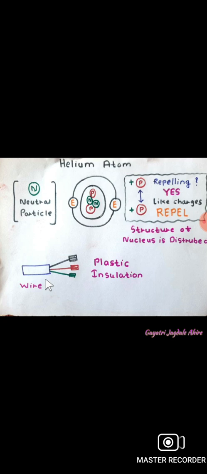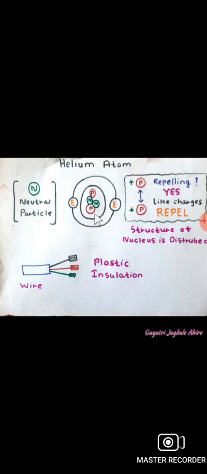Similarly, these neutrons act as a plastic insulation between both positively charged protons. In this way, repulsion among positively charged protons is minimized inside any atom.